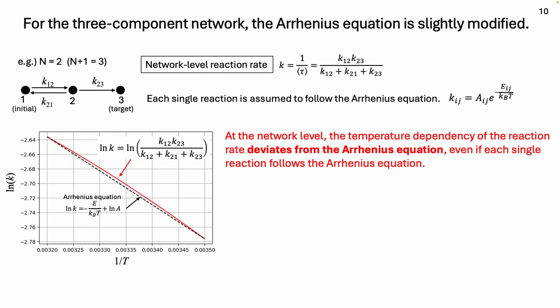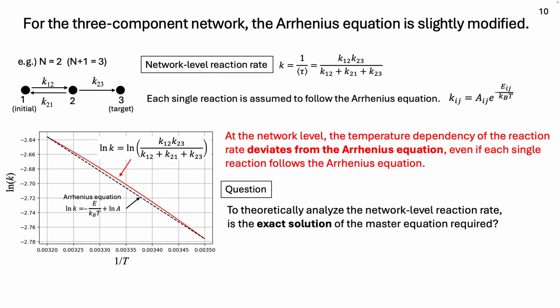And then we want to analyze a more complicated network. But the problem is, to theoretically analyze the network level reaction rate, is the exact solution of the master equation required? In this derivation, we used the exact solution. You know, the exact solution is an exponential function.